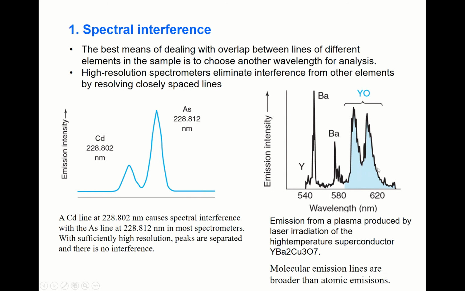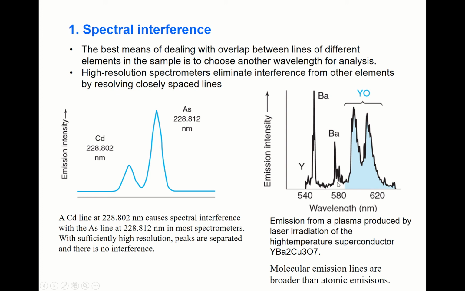This is from yttrium and oxygen, this kind of molecular peak. Molecular emission lines are broader than atomic emission. So this is really a problem. To avoid this kind of molecular peak, these molecules should be atomized so that the peaks become very sharp. That's the spectral interference.